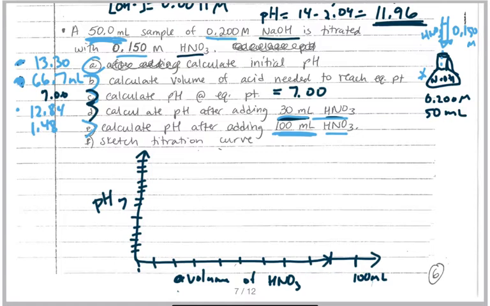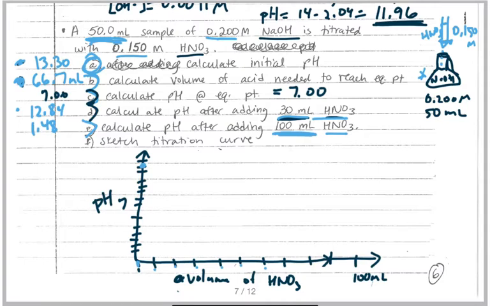Just sketch it. Okay, so at the start, at 0, the initial pH is 13.3. So I'll put right here is my initial pH at 13.3, and that's at 0 milliliters. Now at 66.7 is where the equivalence point is. So 10, 20, 30, 40, 50, 60, 70.